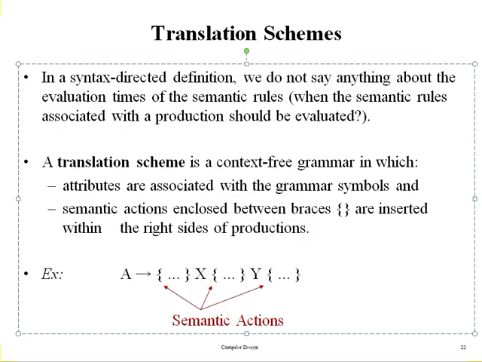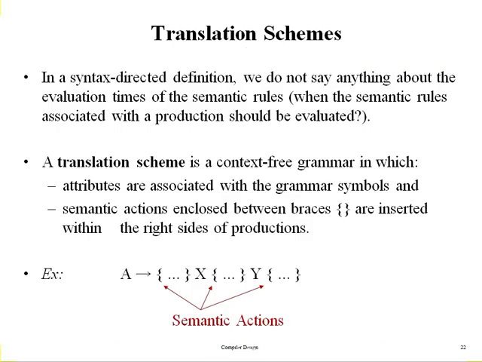So the order of evaluation of the semantic actions will be determined by the location of the semantic actions. Where we place the semantic action between the grammar symbols on the right hand side will determine when to evaluate the semantic action.